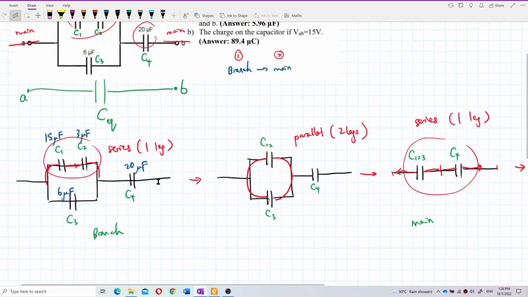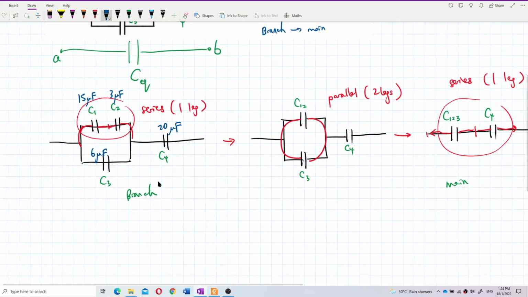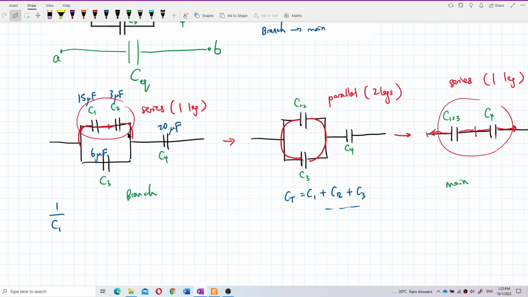Okay, now let's do it step by step. This one is in series. We know that capacitors in parallel make the capacitor stronger, so if parallel, the C total always adds together. If in series, they must be 1 over C. So this is 1 over C12.